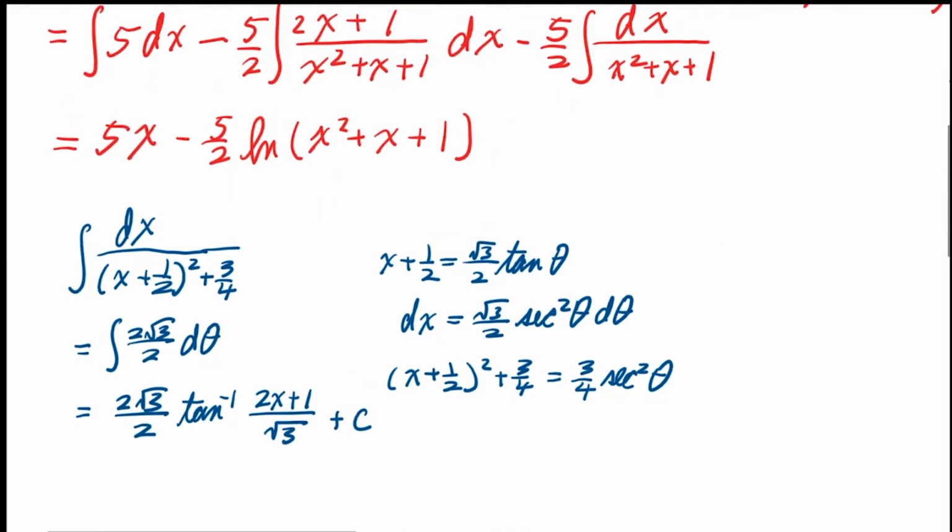And, oh, remember I have 5 over 2? So combine it with this. This is 3. I'm making so many mistakes. This is 3, right? So 5 over 2, so 2's cancel, so we'll have 5 root 3 over 3.